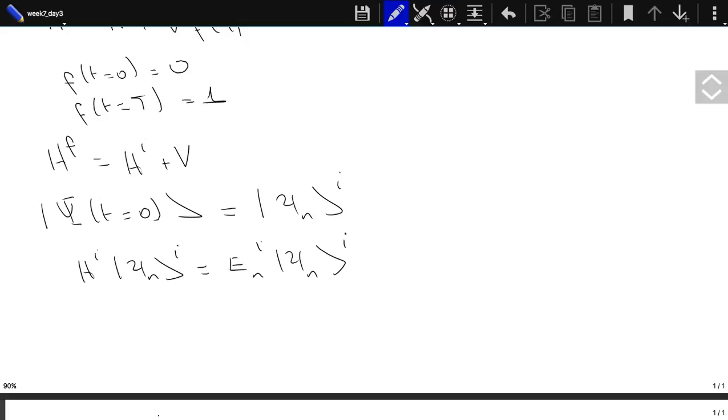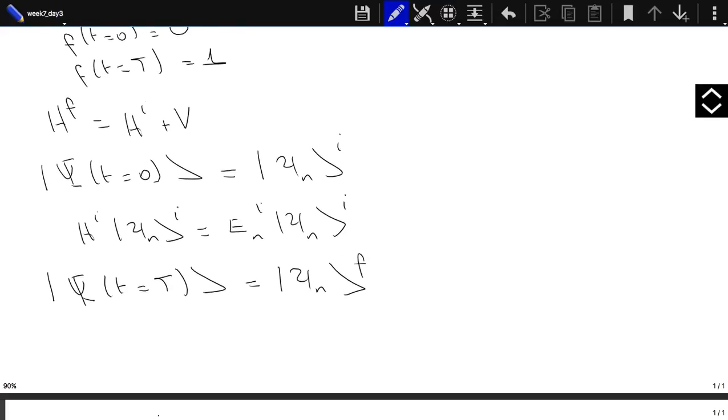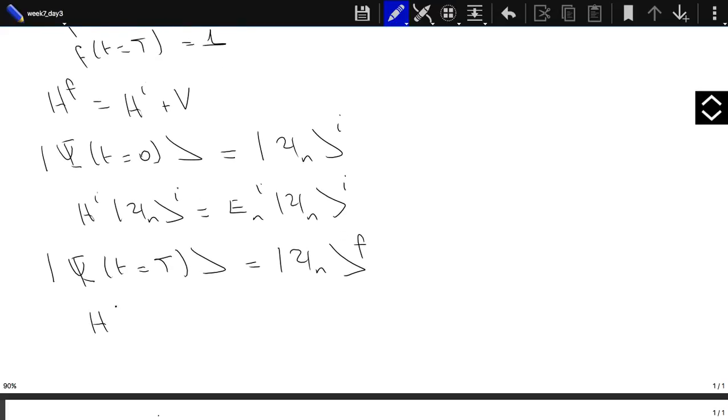If this is satisfied, and if the interaction is turned on sufficiently slowly, then we want to prove that psi at t equal to large T is equal to psi_n^f, where it is still an eigenstate of our Hamiltonian. At this time our Hamiltonian is H_f, and H_f psi_n^f is equal to E_n^f psi_n^f.